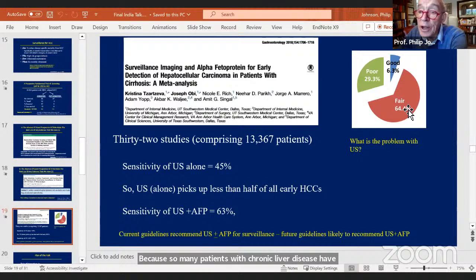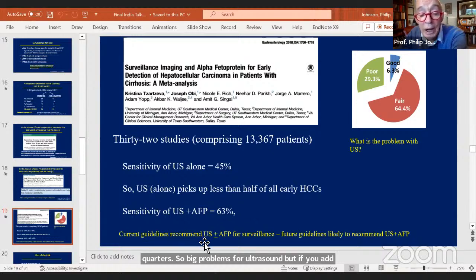And so in this study from Canada, you can see that less than 10% of patients undergoing surveillance actually had a good view of the liver. Others had poor, and it was only a fair view in 3/4. So big problems for ultrasound, but if you add AFP, it looks valuable.